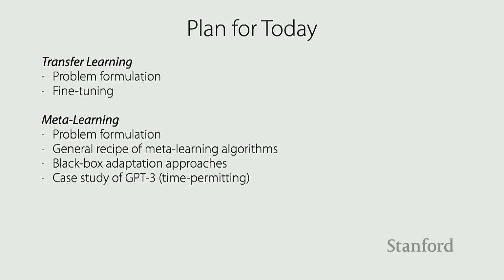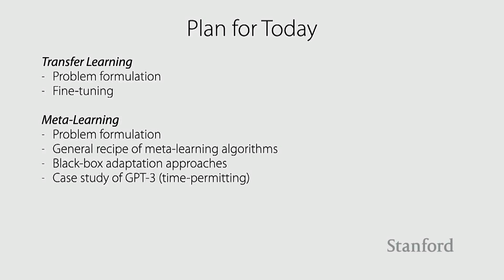Great, so the plan for today, first we're going to be talking about transfer learning, which we didn't get to last time. We'll talk about the problem formulation and fine-tuning, which is the predominant approach for transfer learning. And then we'll talk about meta-learning, including the problem formulation, a fairly general recipe of meta-learning algorithms, as well as a certain class of meta-learning approaches called black box approaches.